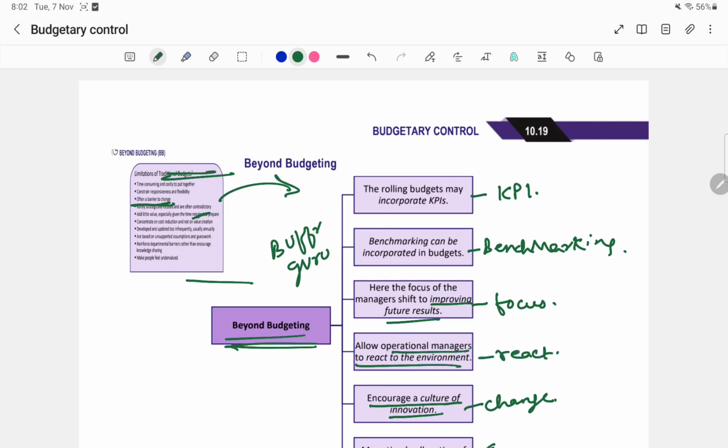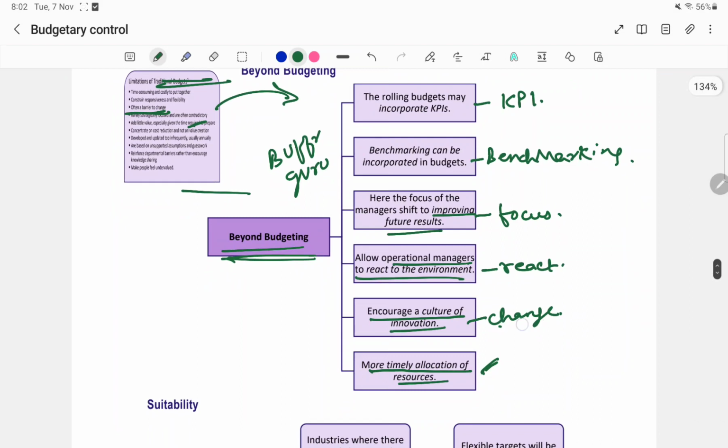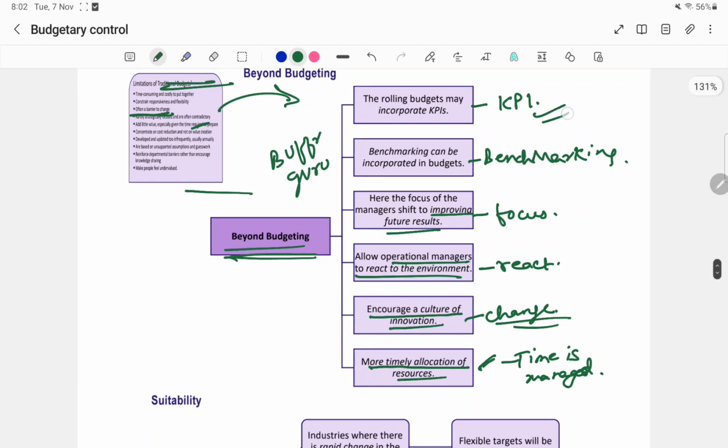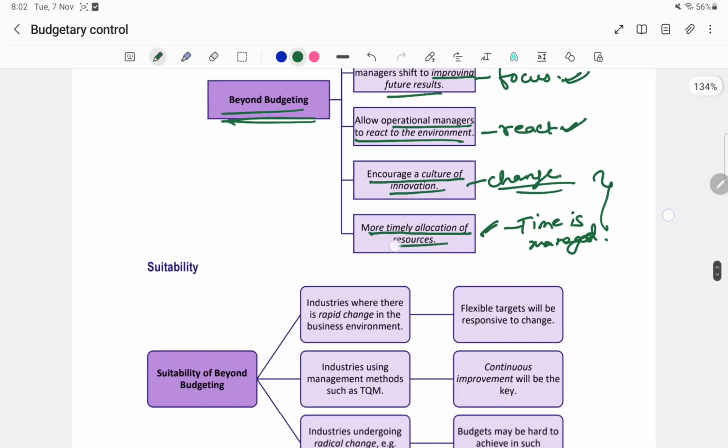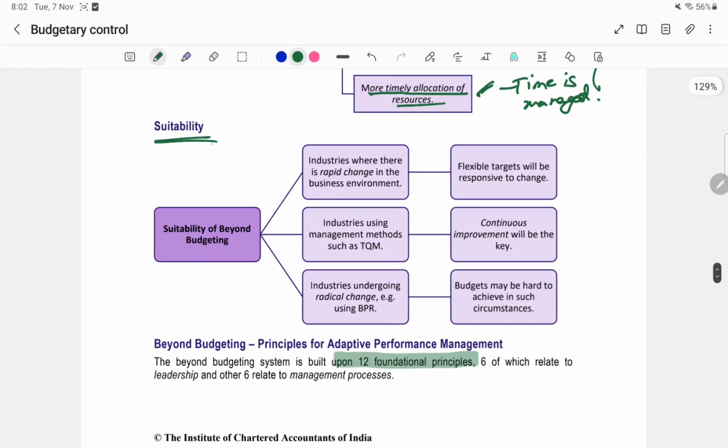That is, there it was centralized, but here it is decentralized, then change is there, and time is managed. So overall you can easily remember this: KPI, benchmarking, focus shifted to improving future results, managers allowed to react, and then change and time are managed.